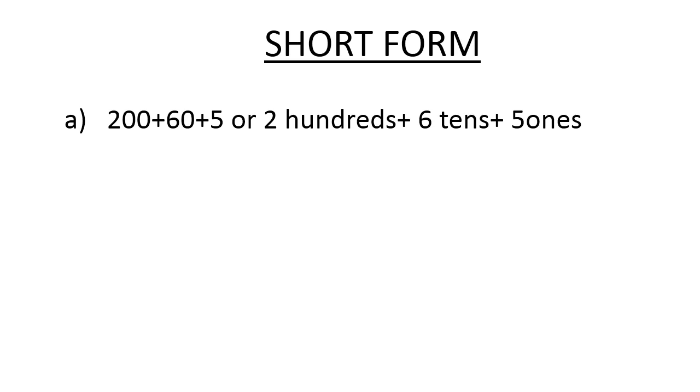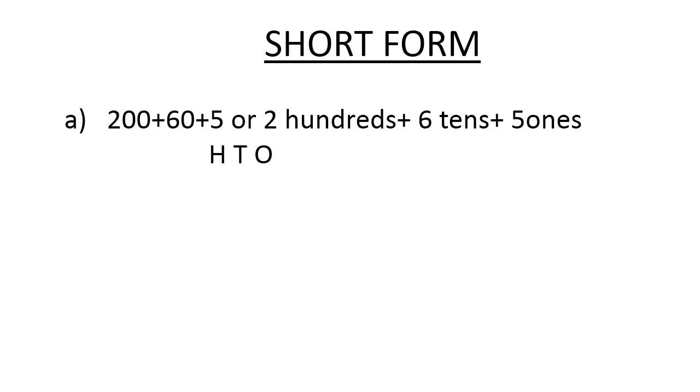When the expanded form of any numeral is given, I told you about 2 types of expanded form, and I have written here 200 plus 60 plus 5. This is one form of expanded form, and another form is 2 hundreds plus 6 tens plus 5 ones. So for that beta, first of all you need to write places: ones, tens and hundreds.